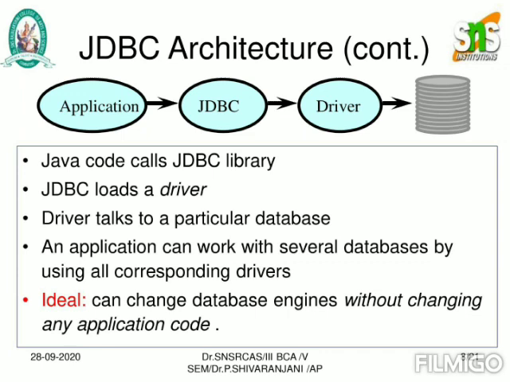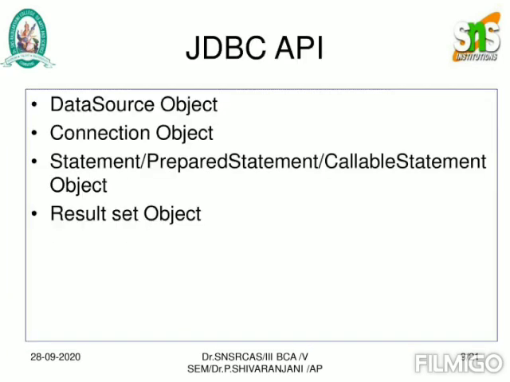You can change the database engine without changing any application code. The next one is the JDBC API. It contains the data source object, connection object, statement or prepared statement, callable statement objects, and result set objects. These are some of the APIs required for your JDBC connections.